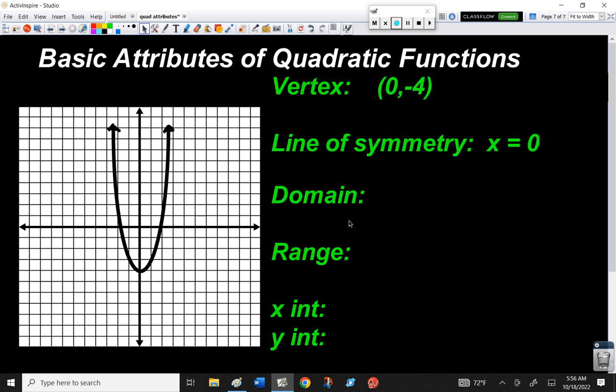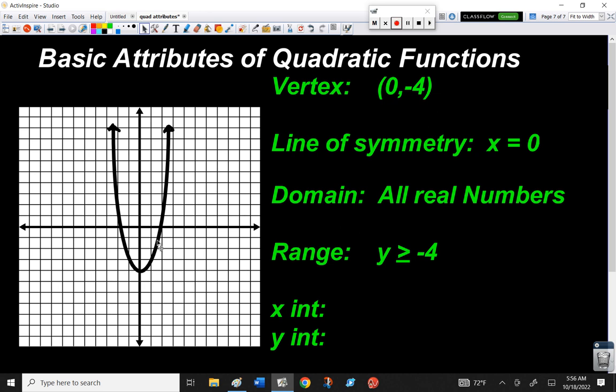The domain of all quadratics is all real numbers, so that's a no-brainer. The range. This graph happens to have a low point, and then it goes up from that low point. The low point here is at -4, so y is going to be greater than or equal to -4.